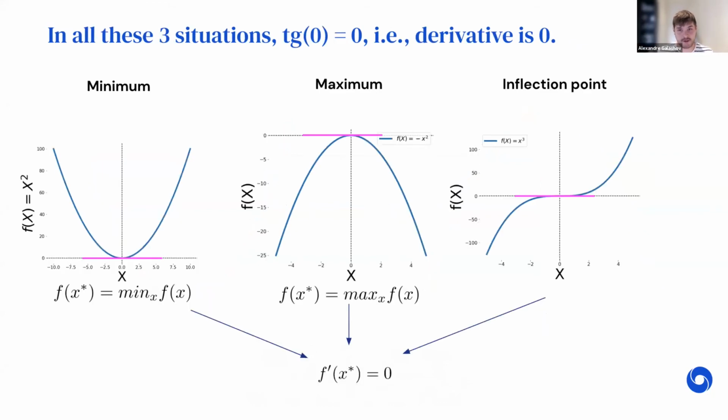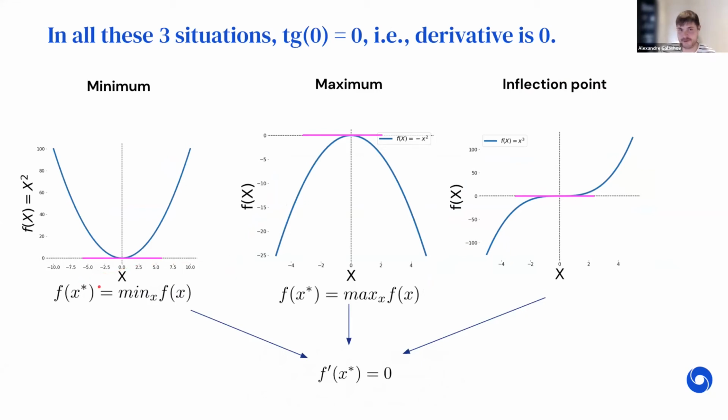It's not only these two situations which can happen. There could be a third situation, which is called an inflection point. It's where the derivative is 0, but it's not a minimum nor a maximum.